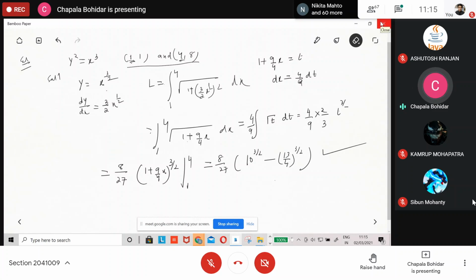You find out your value 10 to the power 3 by 2, and 13 by 4 to the power 3 by 2. I don't know what type the multiple choice question is. It may be that by getting the value, that is your answer.